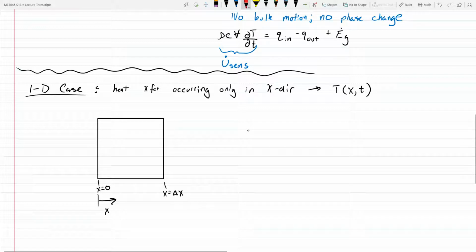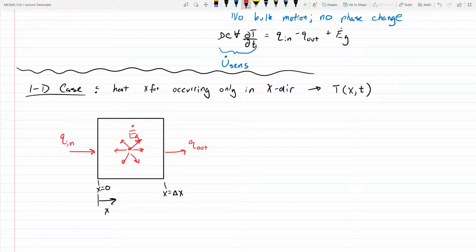We've got Q in, we have Q out, we'll go ahead and just draw this energy generation term, and then we have also stored energy.